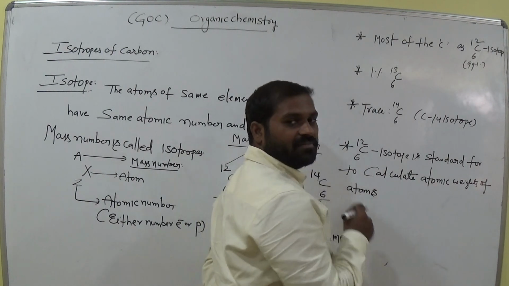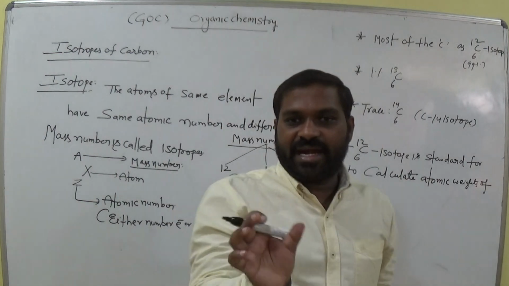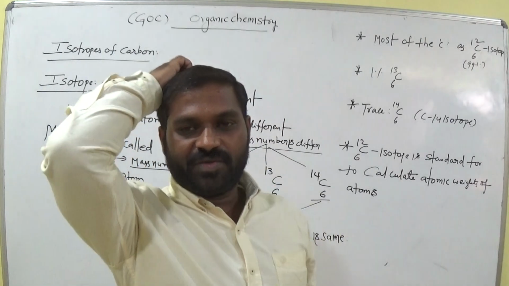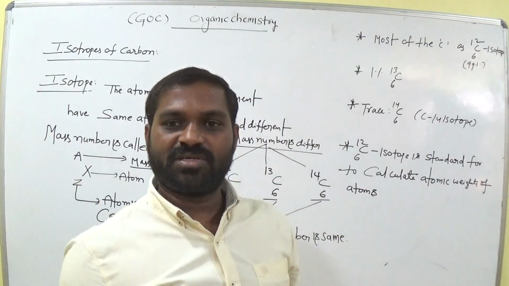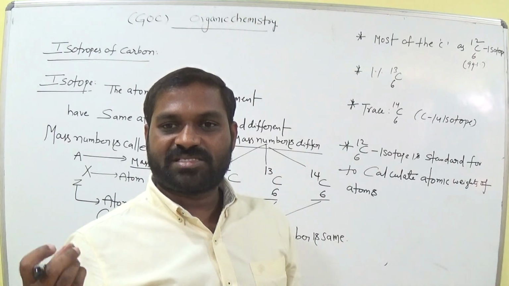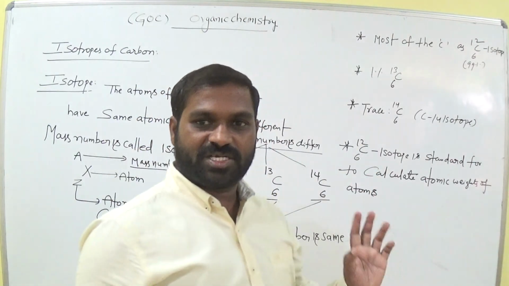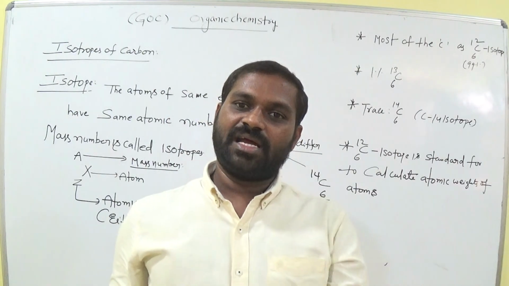So C12 mass is the standard to calculate atomic weights of other atoms also. If you need to calculate the atomic weight of nitrogen, phosphorus, chlorine, C12 is the standard. So with respect to C12 we calculate the atomic weight of other atoms also.